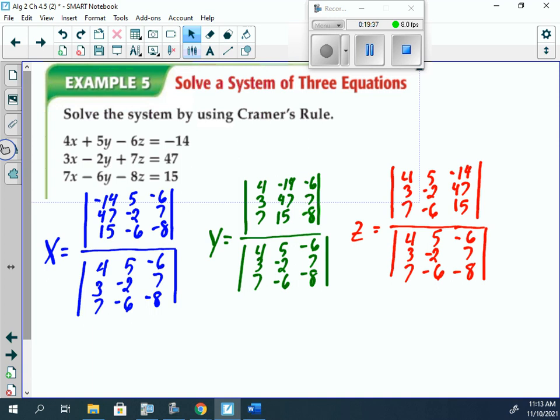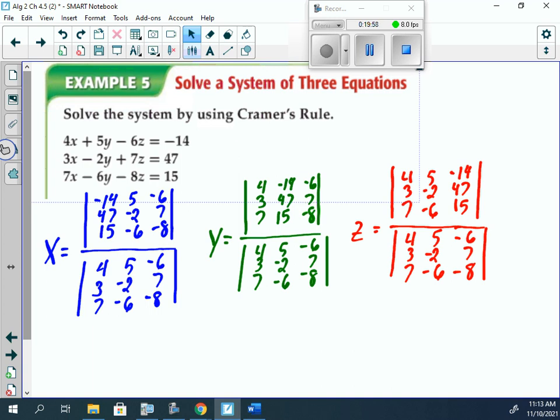This time we're going to have 4. So we can set A as negative 14, 47, 15, 5, negative 2, negative 6, negative 6, 7, negative 8.